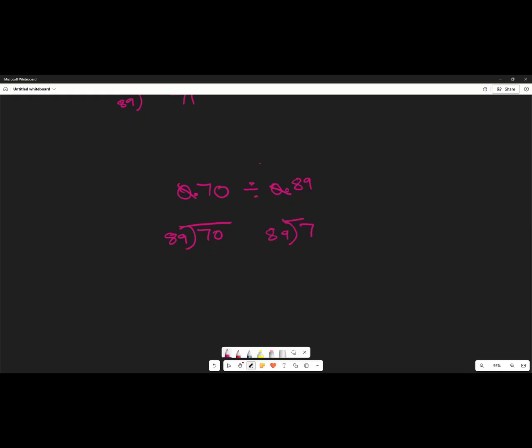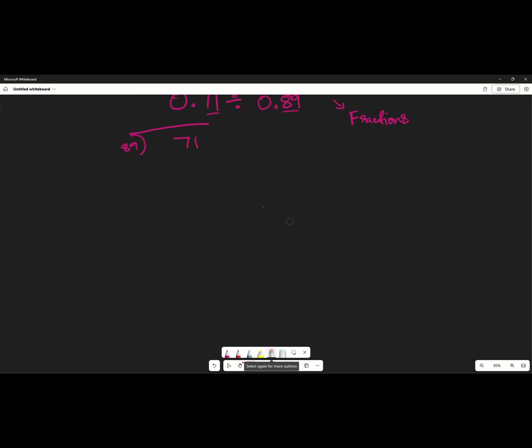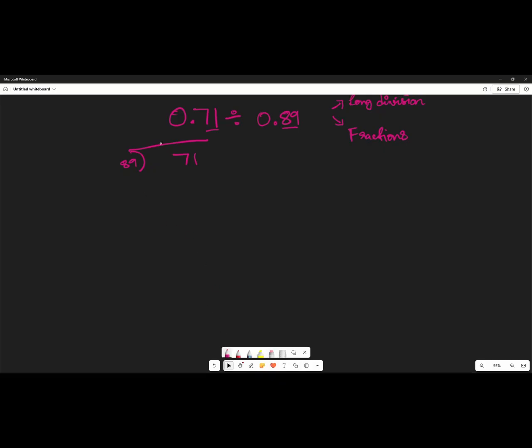See the difference? Okay, very important rule. So 71 divided by 89 is 0.78, rounded off.